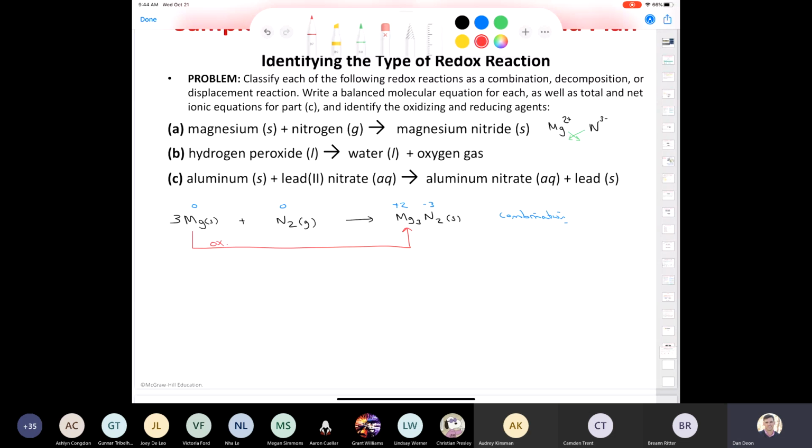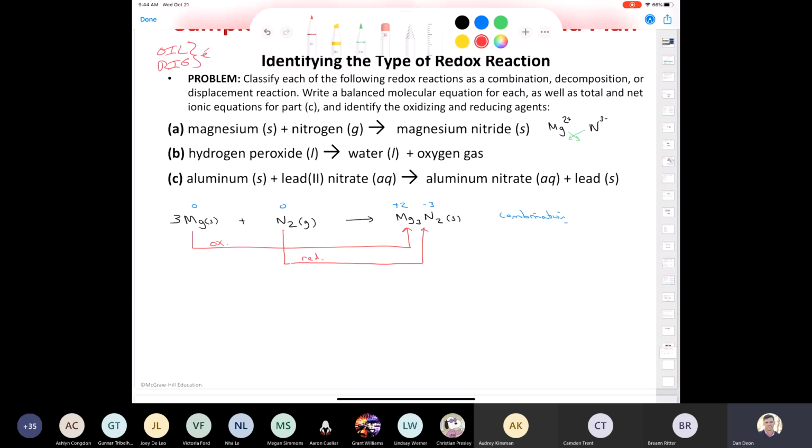Remember, oxidation is losing electrons, and when we go from 0 to +2, we're losing negative charge, and electrons are negative, so this is oxidation. The nitrogen is going from 0 to -3. Remember, reduction is gaining electrons, so since we go from 0 to -3, this is reduction.